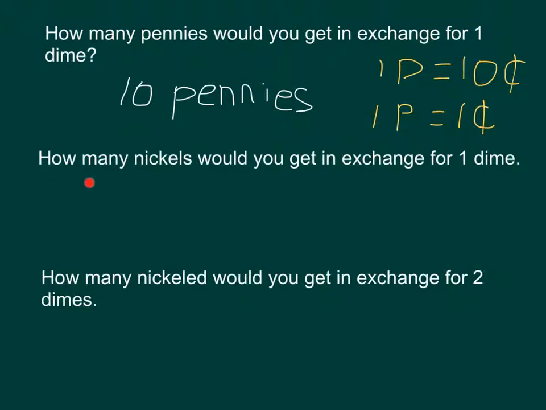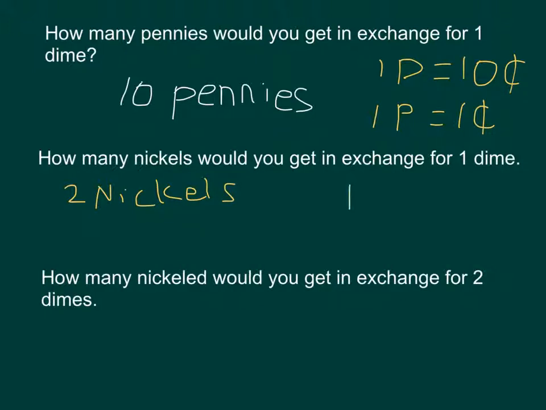Try this. How many nickels would you get in exchange for one dime? So if I traded one dime, how many nickels would I get back? Pause video. Great thoughts. Did you say 2 nickels?